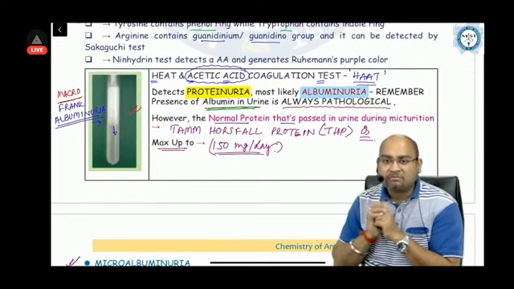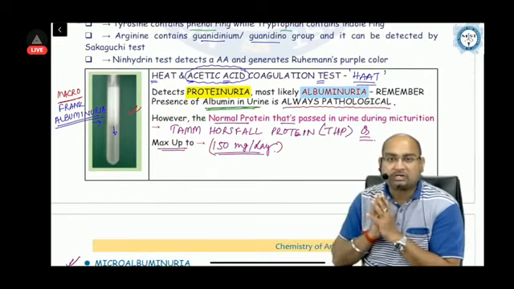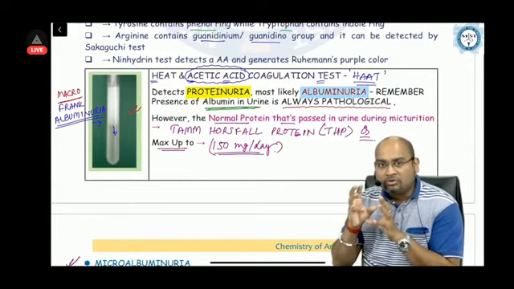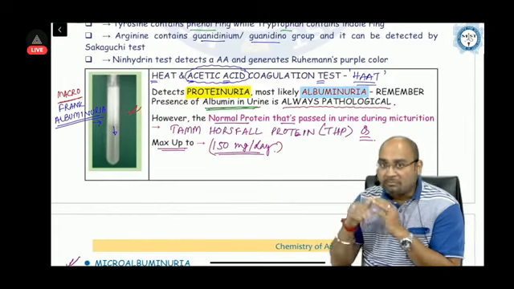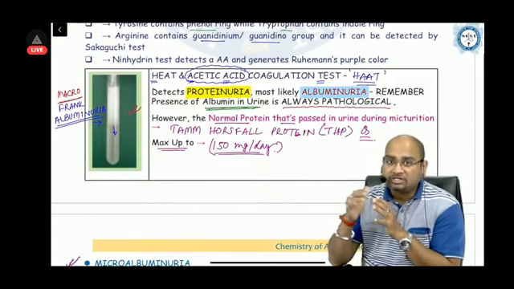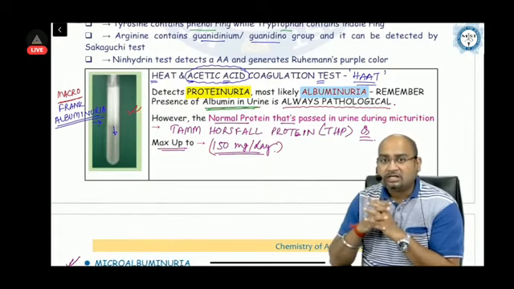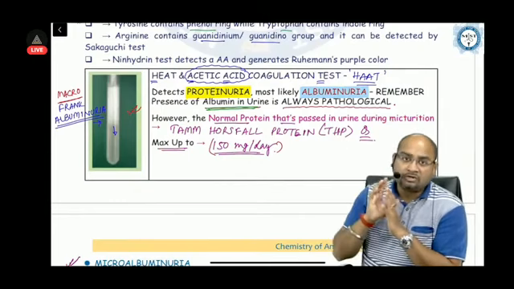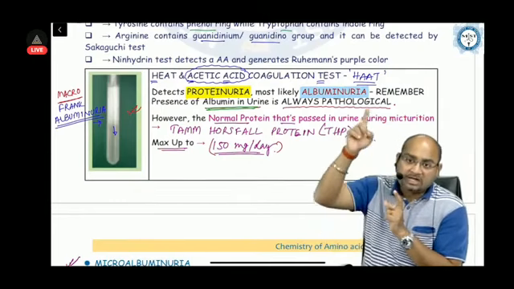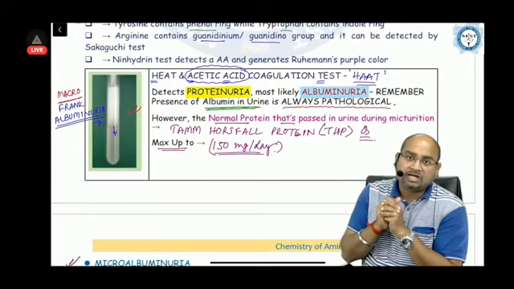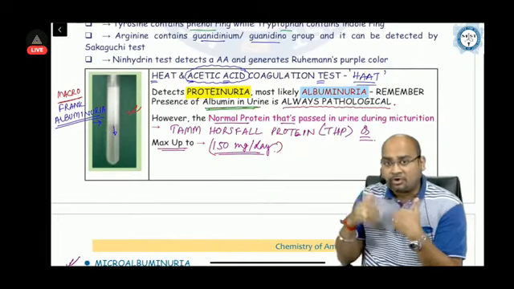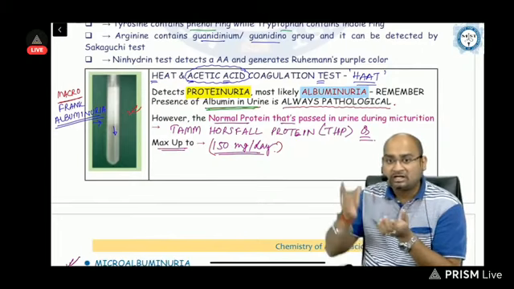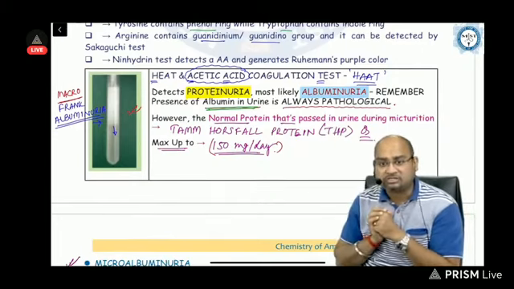However, with normal proteins like Tamm-Horsfall protein or a normal amount of albumin, about 30 milligrams, and microalbuminuria, which is up to 300 milligrams per day, the heat test will not become positive. The heat test becomes positive when more than 300 milligrams of albumin comes out per 24 hours in the urine. Only when a lot of protein comes out in the urine does the heat test become positive.